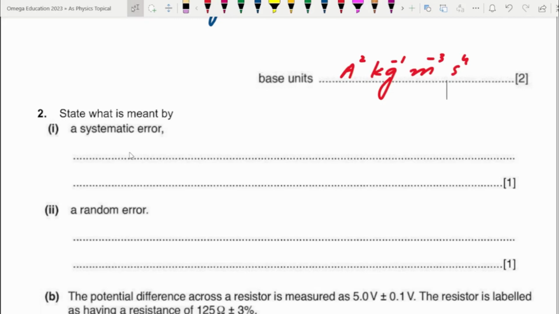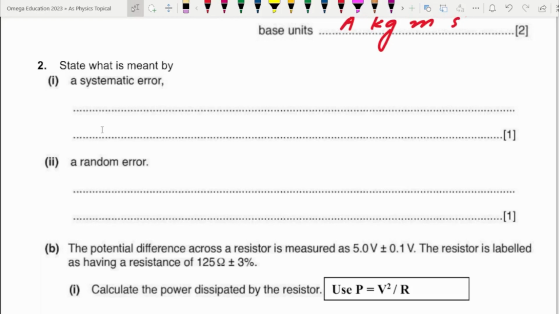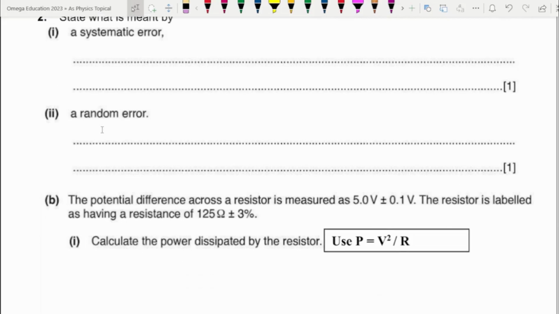Alright, moving on to the next one. We're going to speed up from here. What is meant by the systematic error? Systematic error is the error due to fault in the system, and the system includes the apparatus, the procedure, the equation. The random error is the error due to fluctuations in the environment.